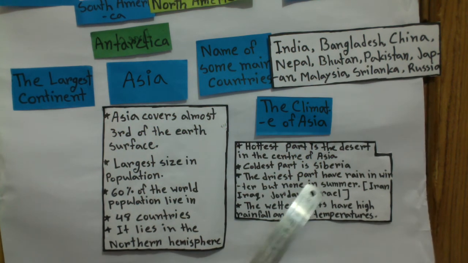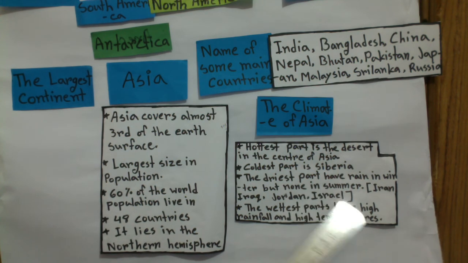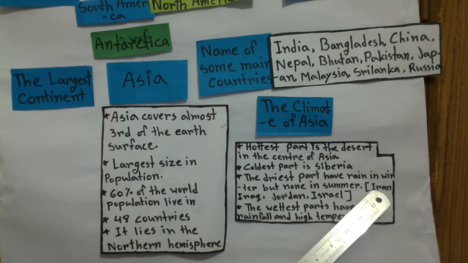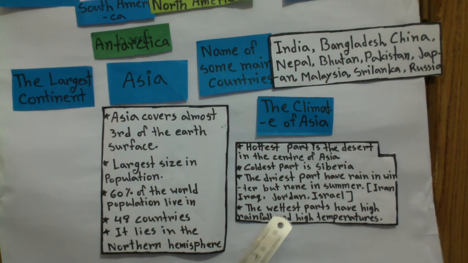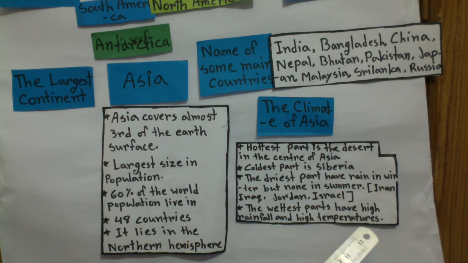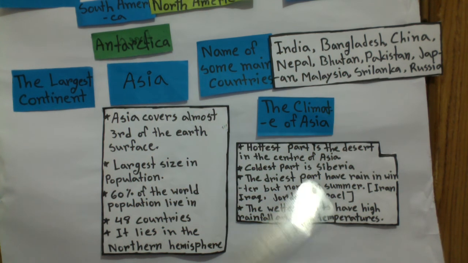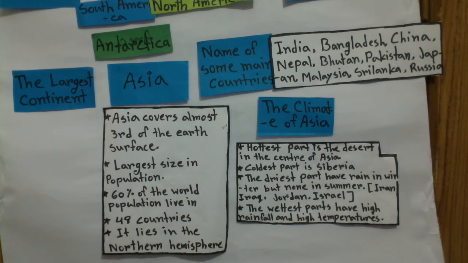The driest part has rain in winter but none in summer. Where is the driest part? In Asia: Iran, Iraq, Jordan, Israel. And the wettest part has high rainfall and high temperatures. Countries like Malaysia and Indonesia have high rainfall and high temperatures. This is the information of the climate of Asia.